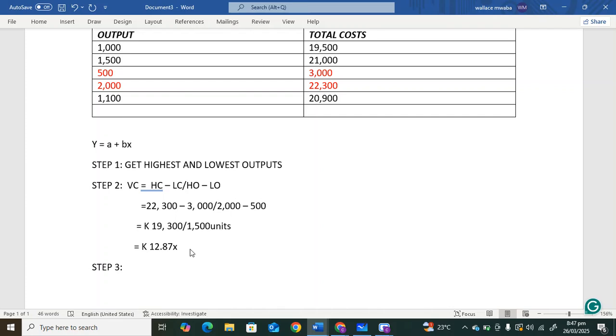Yes, finding your fixed costs. You can either use the high or you can use the low. But remember, total costs equals fixed costs plus variable costs.